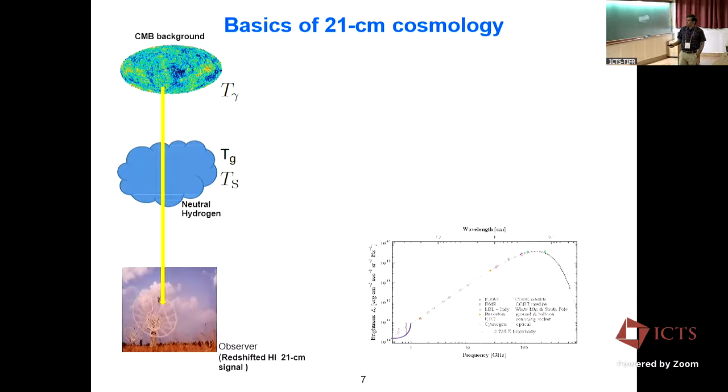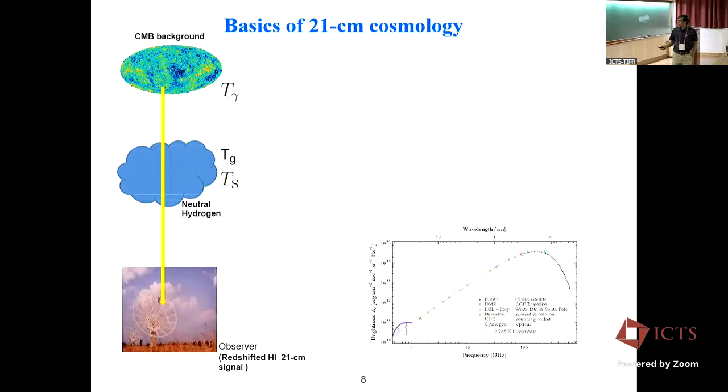So actually, the rest of the frequencies will not be affected by HI, but it can affect the 21 centimeter radiation of the CMB background. Right? So you might see something like this, or you might see something like this, either emission or absorption, depending on a quantity called spin temperature, right?